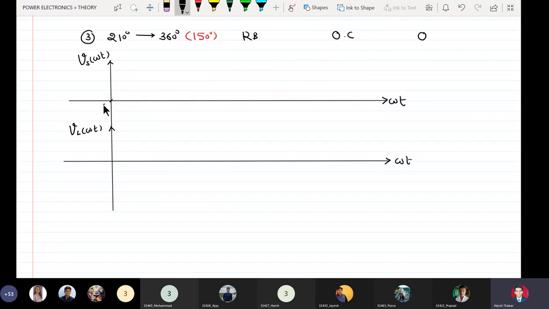Let us put markers 0, 180 degrees, okay, this is pi, 2 pi, 3 pi.